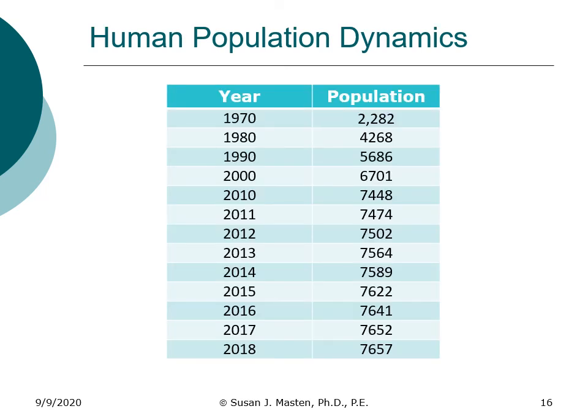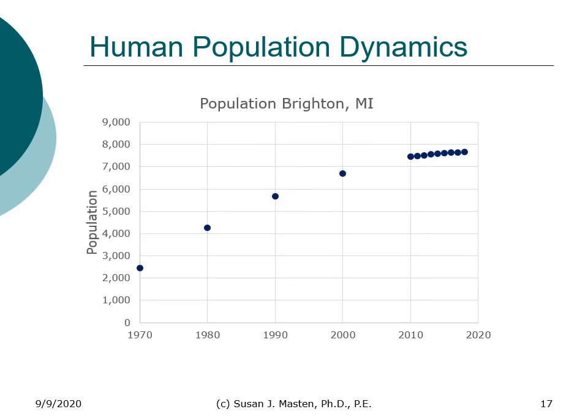During class, I put up this data, and we did a poll to look at what population model would best predict this data. You can see we have data for the decades from 1970 to 2010, and then we have annual data through 2018. So we can plot the data, and it looks like this.